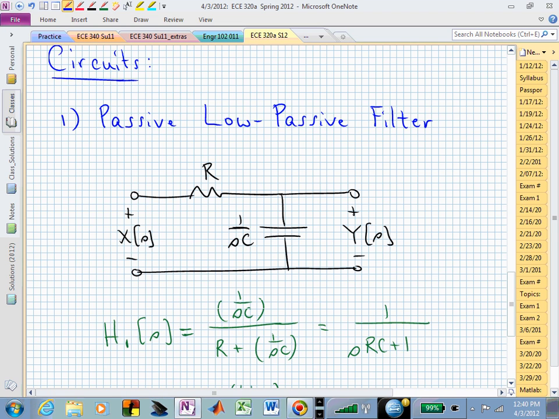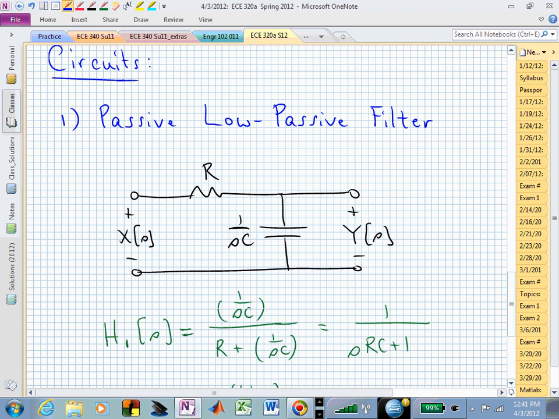The transfer function between the input X and the output Y in this particular circuit can be found by thinking of a voltage divider. We have the impedance of the capacitor divided by the sum of the impedances, R and capacitor.